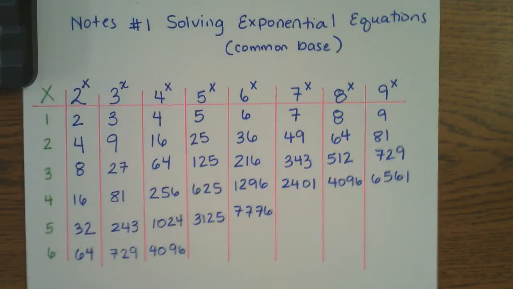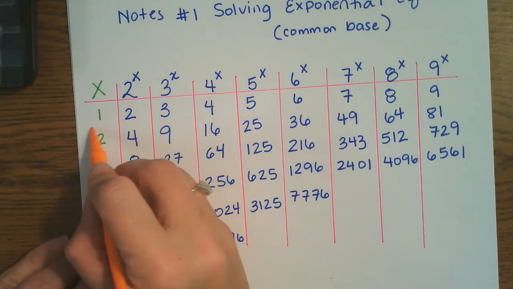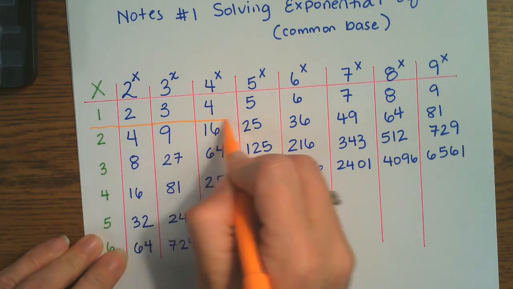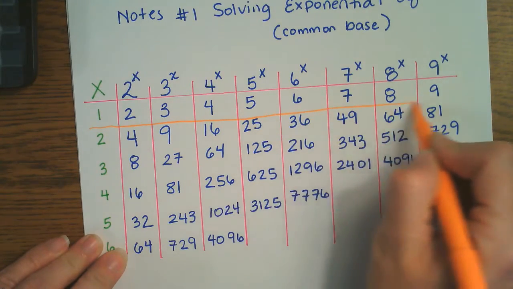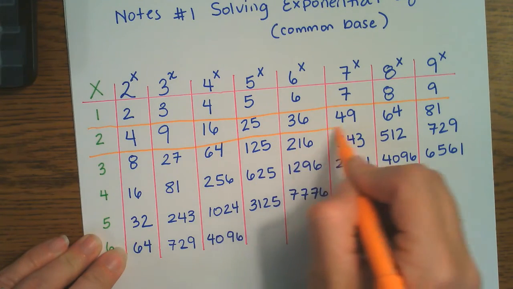All right, so I didn't keep going down to the 6th power on 7, 8, and 9 just because those numbers get so big, and I don't think you're going to see those numbers in Delta Math. So I'm just going to kind of go across and make these rows. Ugh.